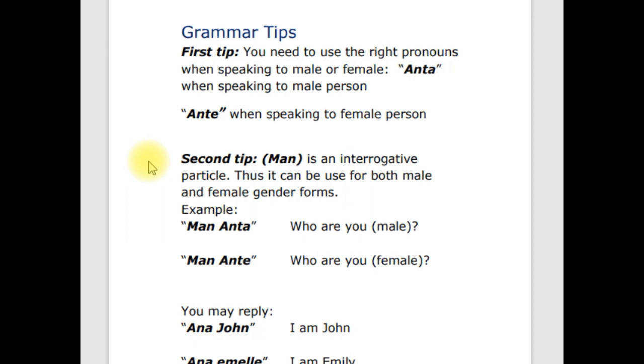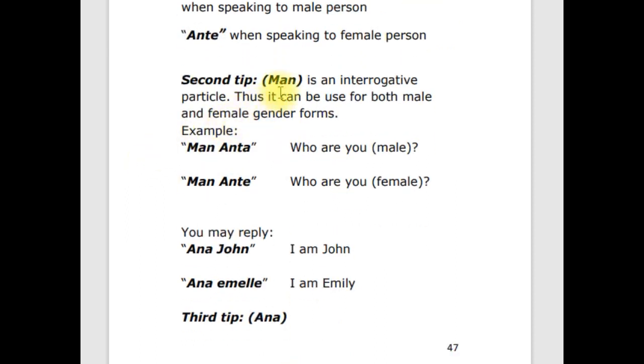Second tip, man is an interrogative particle, thus it can be used for both male and female forms. Example, man anta? Who are you, for male? Man anti? Who are you, for female?